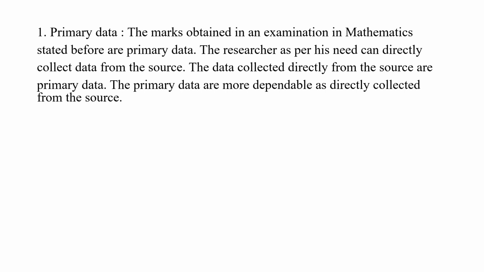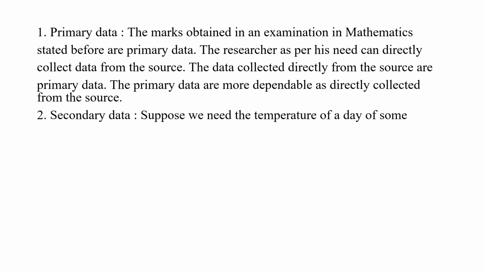The researcher, as per his need, can directly collect data from the source. The data collected directly from the source are primary data. The primary data are more dependable as directly collected from the source. The primary data can be called direct data because this data is collected directly from the source.